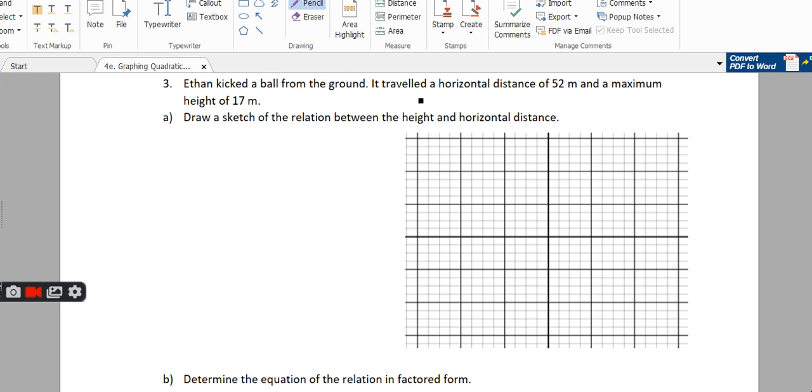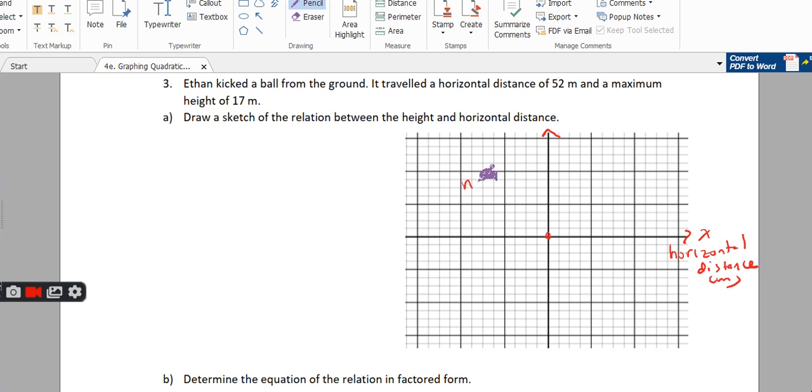Ethan kicked the ball from the ground, so we know it was kicked from the ground, so we probably started right there. Okay. Here's the y-axis, here's the x-axis. It traveled a horizontal distance of 52 meters. So we can assume that this is the horizontal distance, horizontal distance in meters.